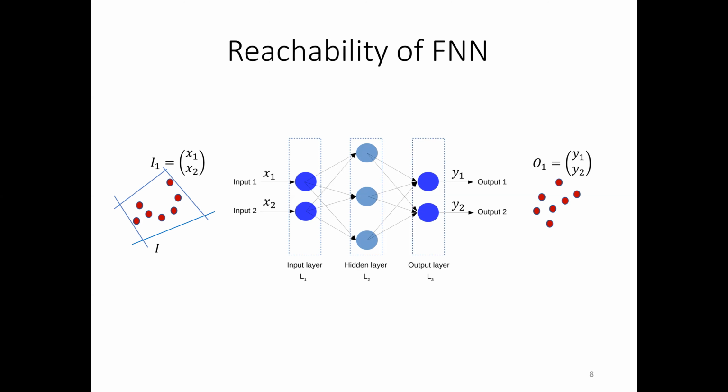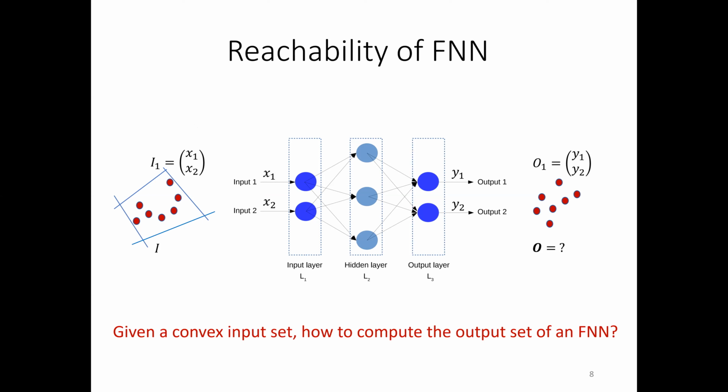So the reachability problem here is that instead of input vectors, you have an input set, which is a set containing an infinite number of input points. How can we construct the output set of the feedforward neural network that contains all possible outputs corresponding to all input points in the input set here, right?